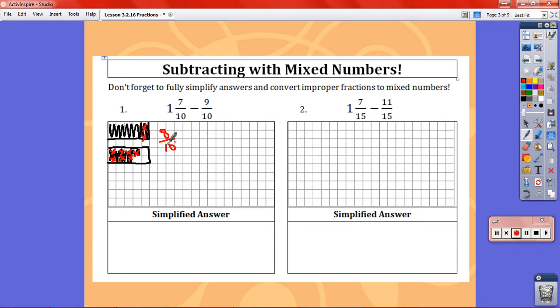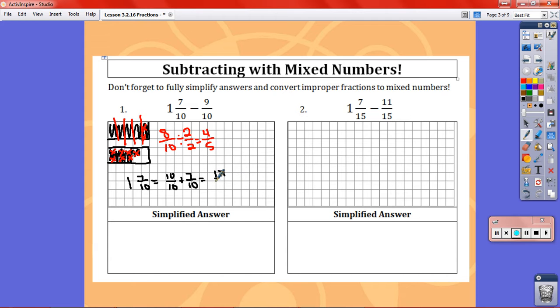Which can of course be simplified. I can divide by 2 like this. And that means 1, 2, 3, 4 are filled in out of 5. Divide by 2. You get 4/5. Okay, and I can show this with numbers as well. So 1 7/10 is the same as saying 10 out of 10, 1 whole, and 7/10, which is the same as saying 17/10.